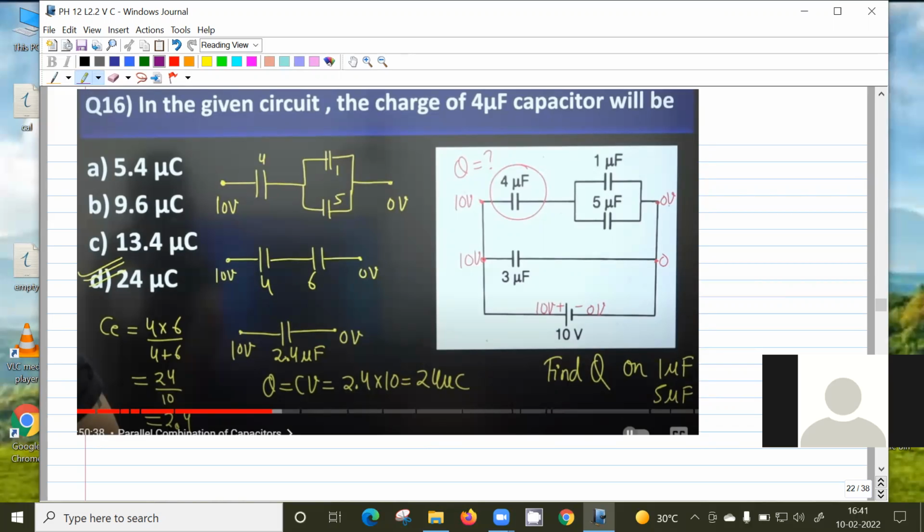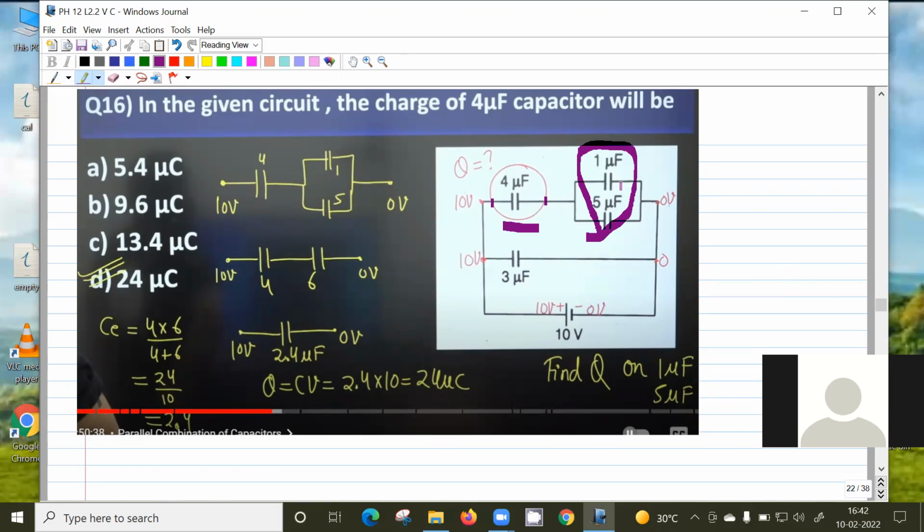So you'll find the potential across these two, 4 volts, or you'll find the charge. You can find the potential across this one. How? These two you can combine.